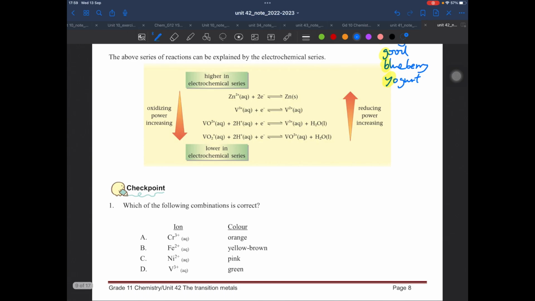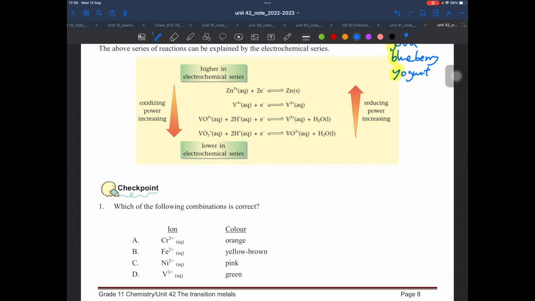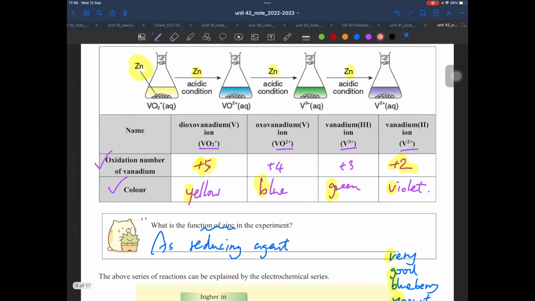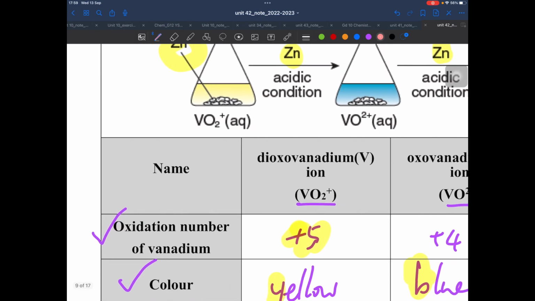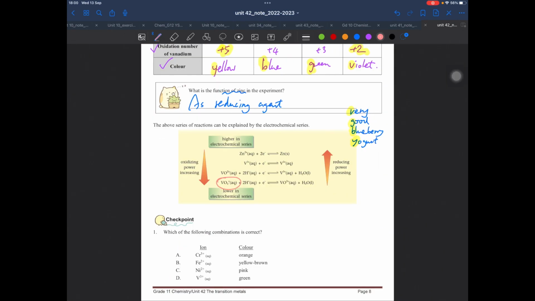So again, this is a quick revision for you on the use of the electrochemical series. But this time, I got something new for you: the reaction may not end in a single step. Multiple steps will be expected. Here it shows, started from this one, positive 5 oxidation state, and we got zinc.